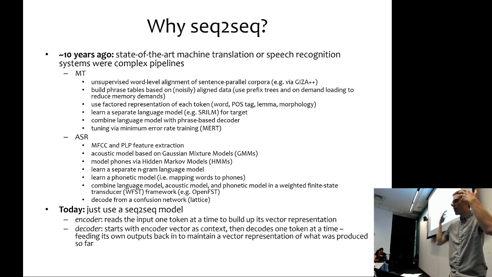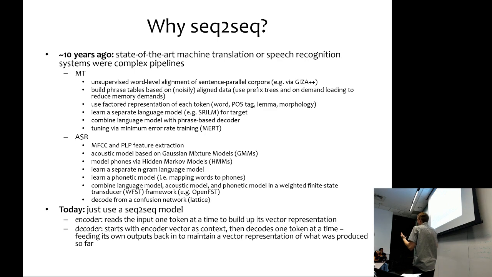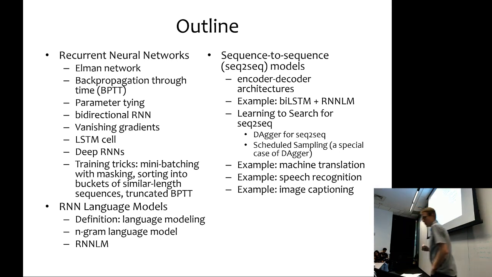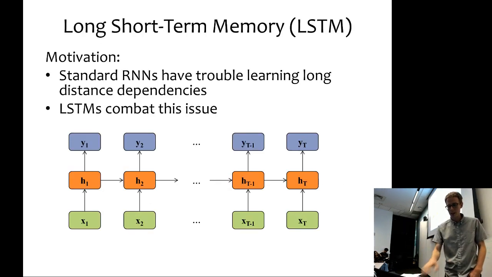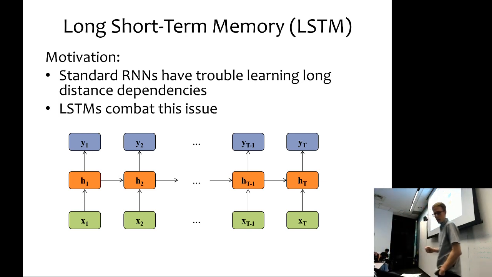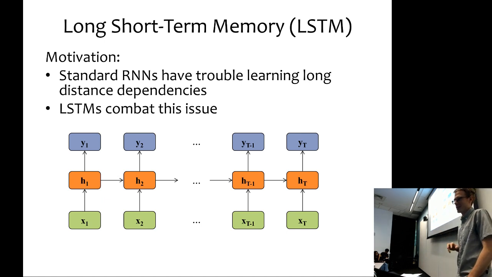Okay, so let's talk seq-to-seq. So we went through, why are we talking about seq-to-seq? It's just this powerful framework that allows us to capture all of these different tasks. And so far, we just got through part of recurrent neural nets. And I wanted to pick up at the point of LSTMs. So LSTMs, or long short-term memory models, are motivated by the fact that Elman networks, or standard recurrent neural networks, have trouble learning long-distance dependencies.